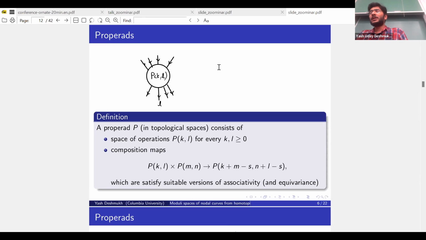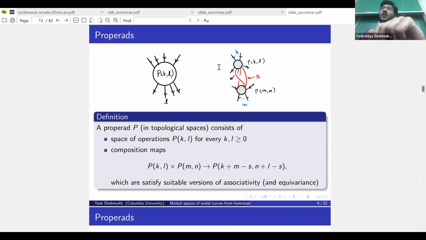And these operations are supposed to fit together in compositions. Namely, if you have two operations and you compose some of the outputs of one operation to some of the inputs of the second operation, that's supposed to give you a composition. So whenever you have a way of identifying some outputs to some inputs, you are going to have a composition map as written down here.